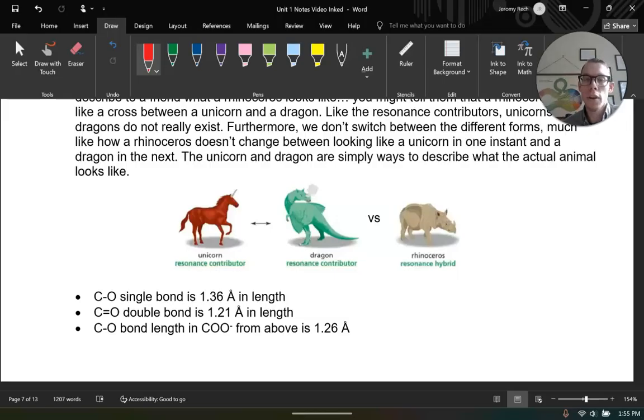If you look at our structures above, you're not having that bond between carbon and oxygen grow and shrink and grow and shrink. It actually has a single length that is seen, in between that of a double bond and a single bond, at 1.26 angstroms.